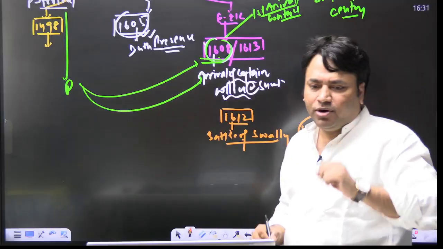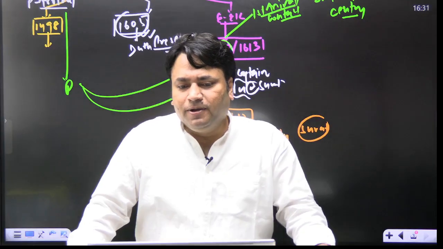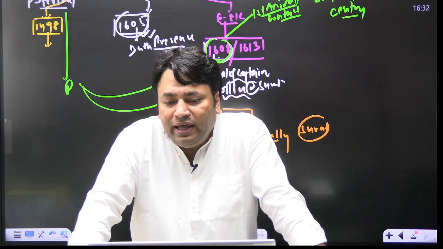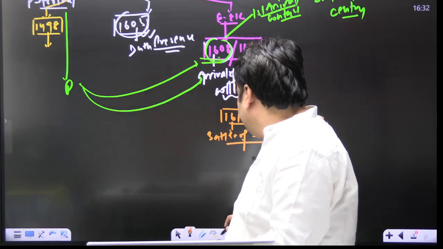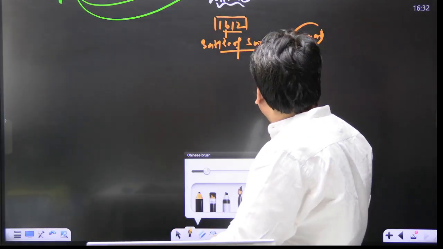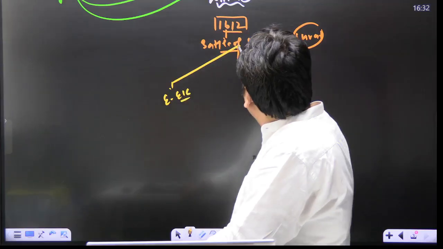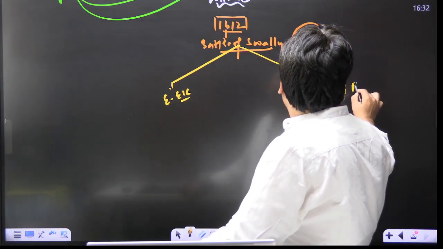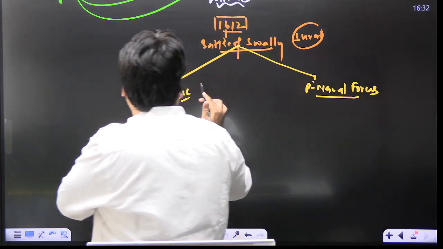Now the second important thing: who fought in this battle? This battle was fought between the English East India Company and Portuguese naval forces. It means in this battle, on one side there is the English East India Company, and on the other side there are Portuguese naval forces. Look at the chronology of events.